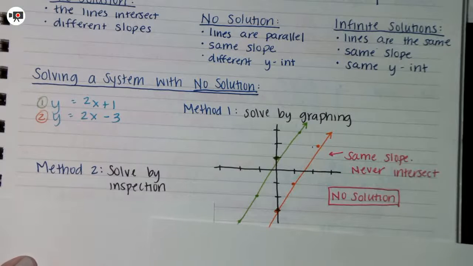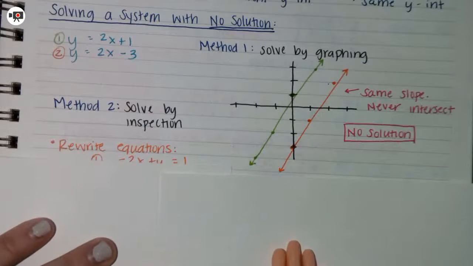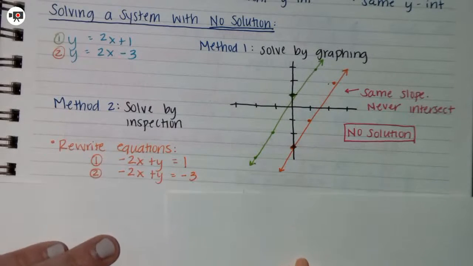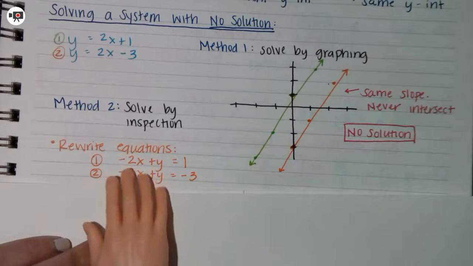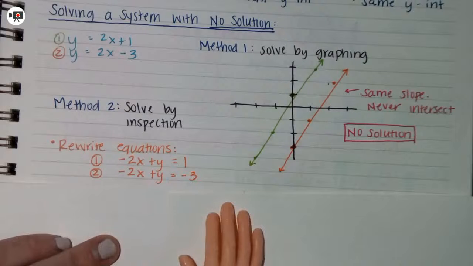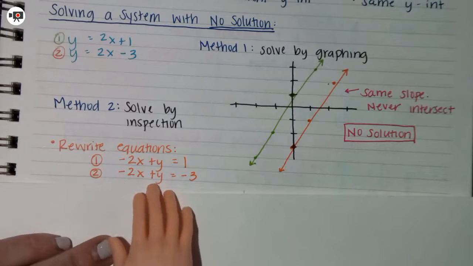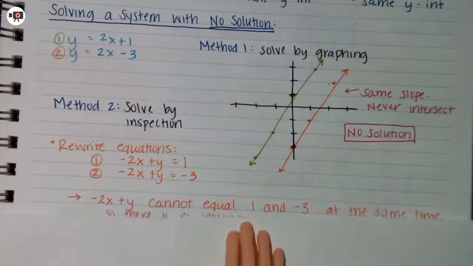Method 2 would be to solve by inspection. That means I have to think about it a little bit. I can rewrite them in standard form, x plus y equals a number. I can see that negative 2x plus y equals 1 and negative 2x plus y equals negative 3.